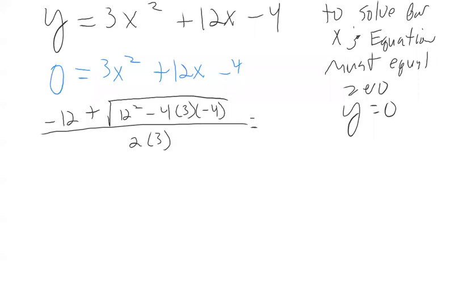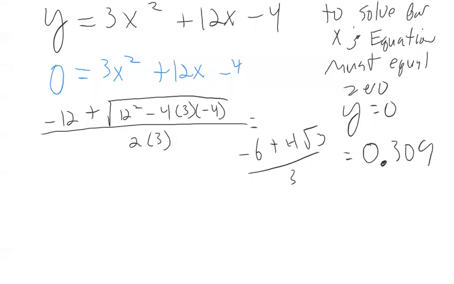Ow. What did I do here? Well, this is supposed to work out nicely. Oh, no, it doesn't. I'm right. Yeah, I didn't pick a nice problem. Why did I do that to myself? That's all right. 4 radical 3 all over 3, which is 0.0309.